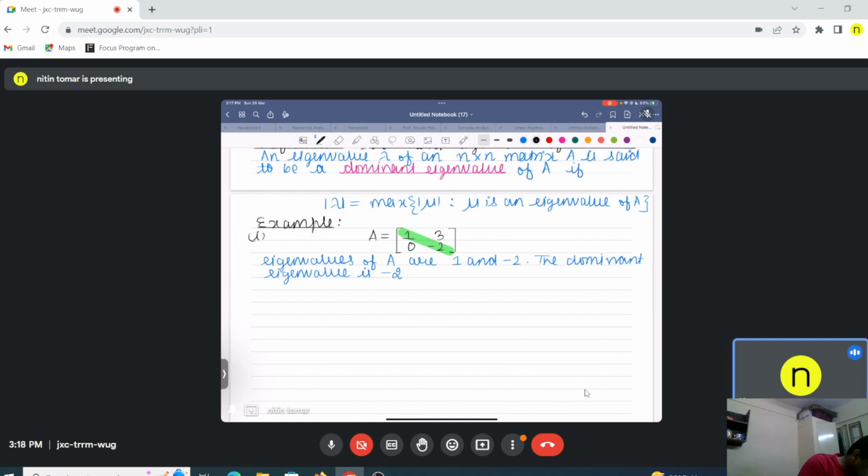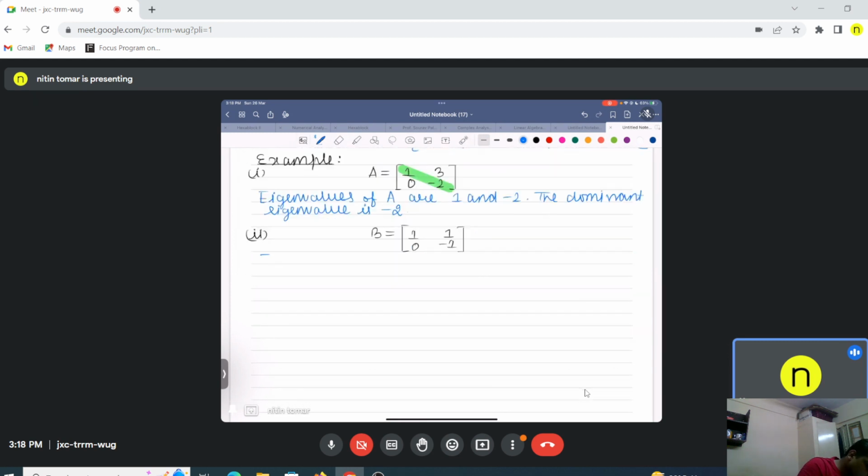There can be more than one dominant eigenvalue. For example, you take B to be, let's say, 1 and minus 1. Let's say again you take 3, or maybe let's say take 1. Then what are the eigenvalues? So the eigenvalues of B are 1 and minus 1.